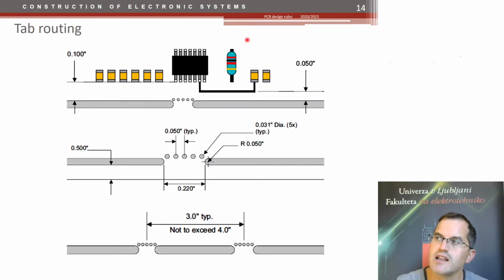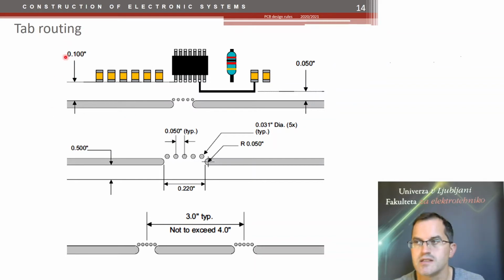These are just guidelines, not absolute values, but if all these distances are followed, you're on the safe side. But for each PCB, you should contact the manufacturer you are intending to send your designs to, and they will tell you what they can do.